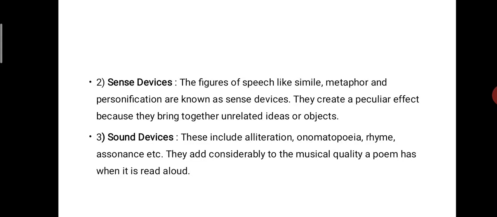Next are sound devices. These include alliteration, onomatopoeia, rhyme, assonance, etc. They add considerably to the musical quality a poem has when it is read aloud. Among those sound devices, rhyme is an important one. It usually occurs at the end of lines in poetry and consists of words having the same sound.